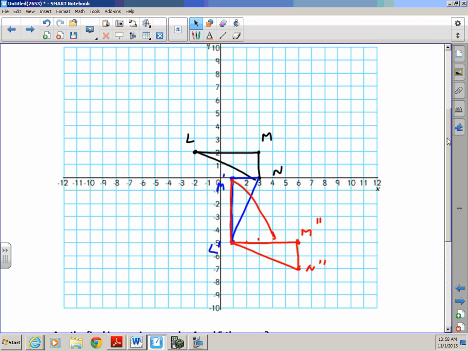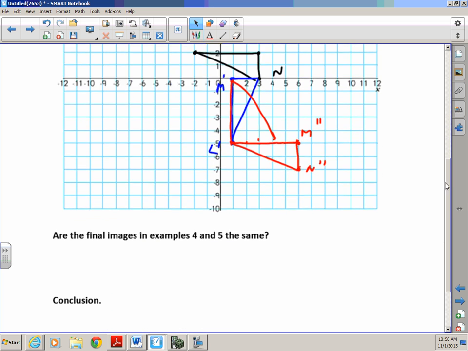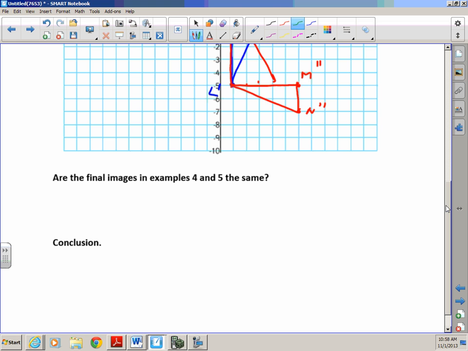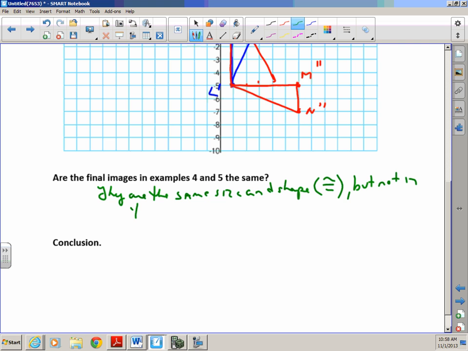Now, if you compare the 2 red figures, you will hopefully see that they are not in the same location. So what is our conclusion? They are the same size and shape. So that means they're congruent, but not in the same location.